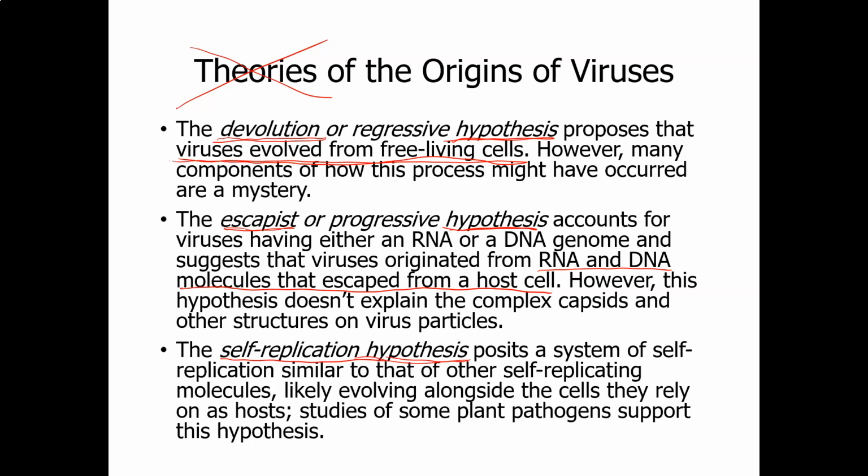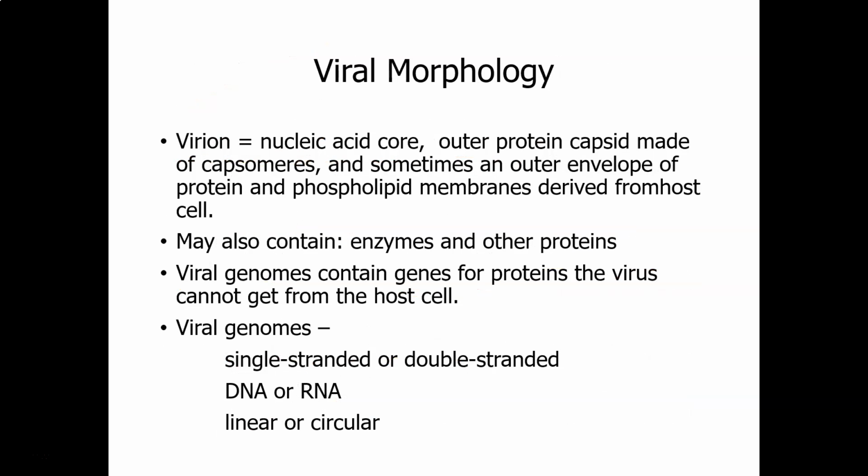That's coevolution. The flower and the pollinator evolve together. So this is saying that the host cell and the virus evolve alongside each other. And there are studies of plant pathogens that support this hypothesis. But again, they're just hypotheses.